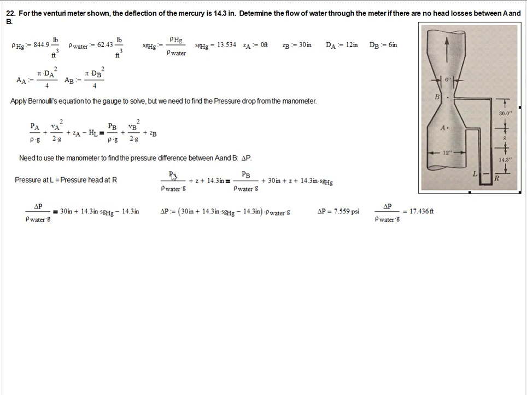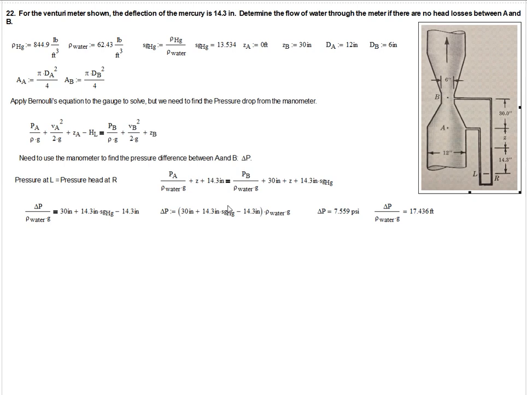And so what we can do now is solve for the delta P, right? The delta P is PB minus PA, or if we want to keep it positive, PA minus PB. And so our Z is going to cancel out, and our 14.3 inches is going to be subtracted from 30 inches.